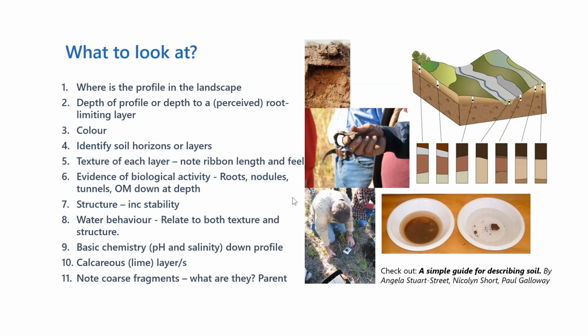But the main thing, the first thing, in my opinion, is to talk about where your soil is in the landscape and a little bit about its geological history. And I think it's a really good way of engaging people. They're really interested in why their soil is the way it is, and you can relate that to the landscape and what they're seeing.